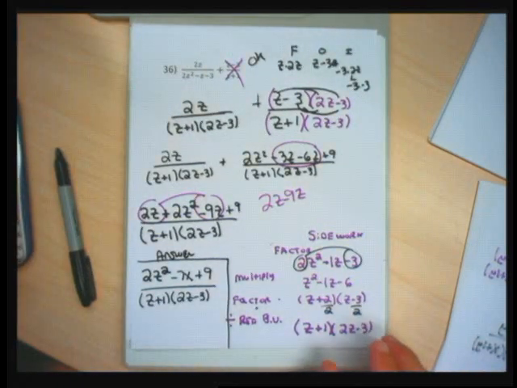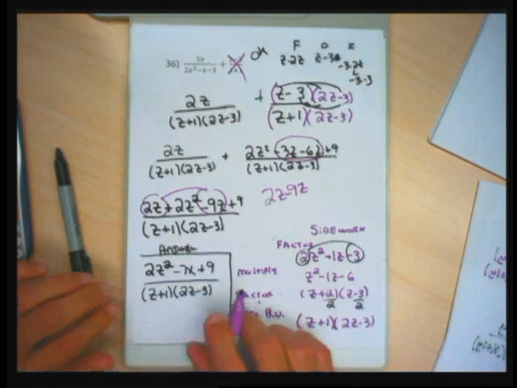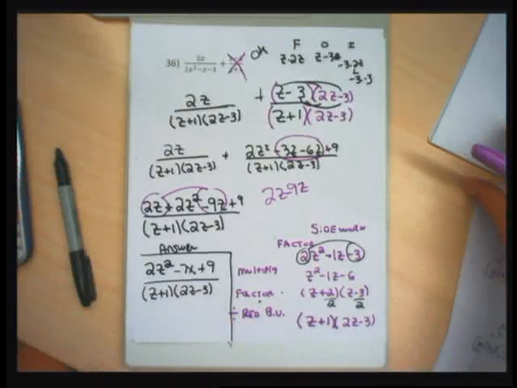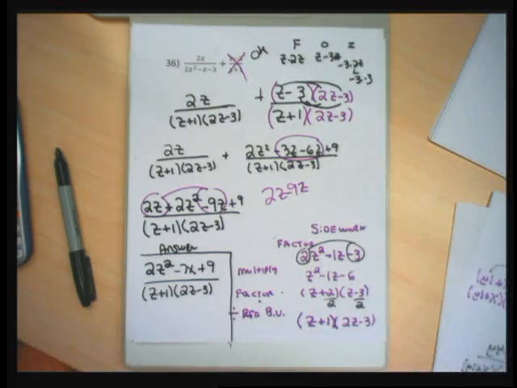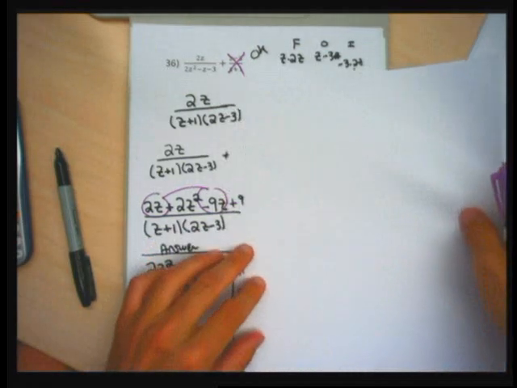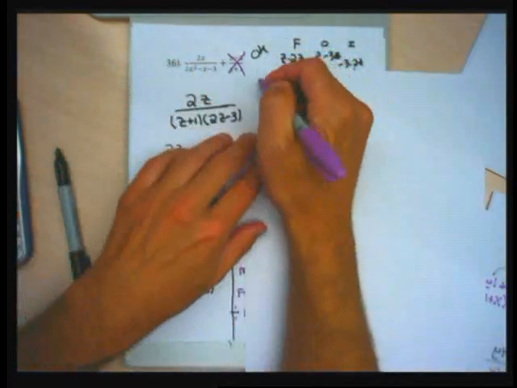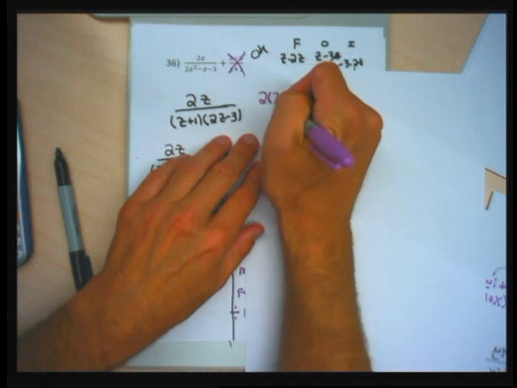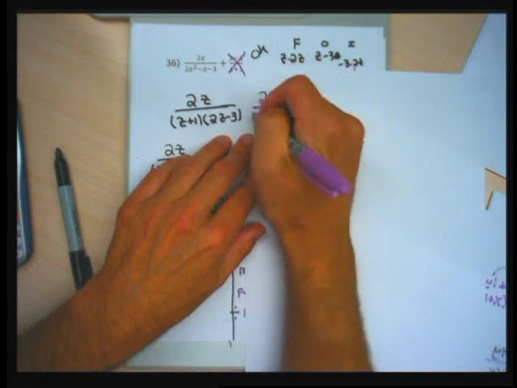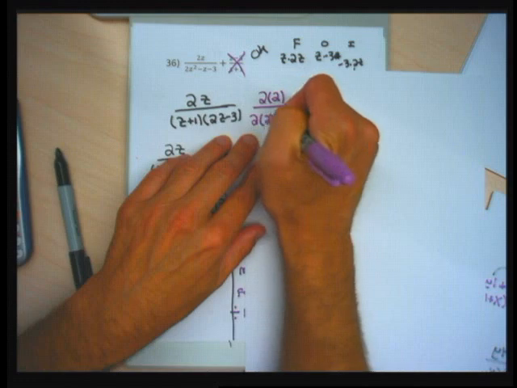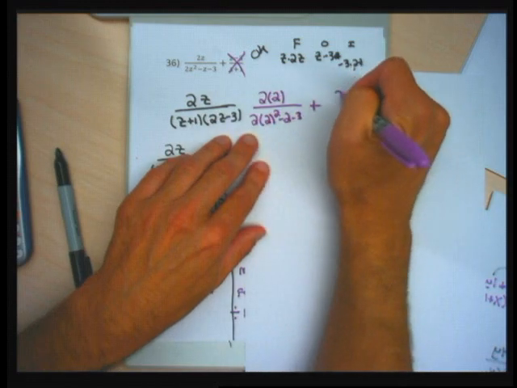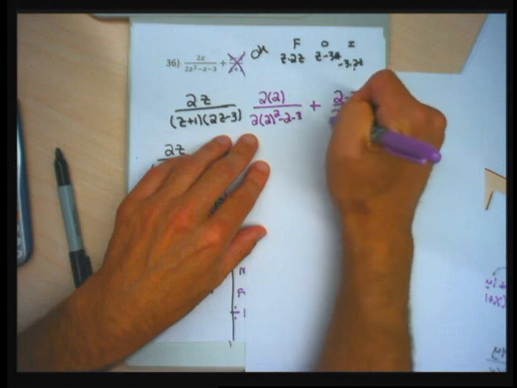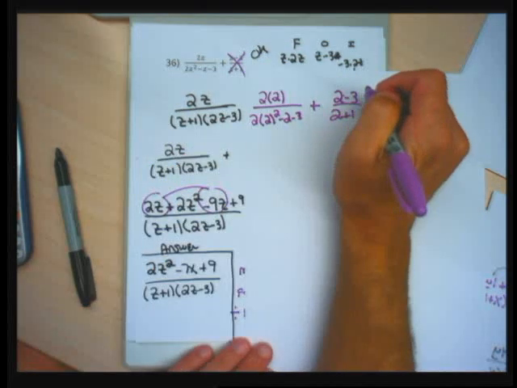I'm just boring out. Let me check this anyways. I'm going to plug in 2 for z in my answer and my original problem. I'll just do it on new fresh paper. So I'm going to check 2. I'm going to go 2 times 2 over 2 times 2 squared minus 2 minus 3 plus 2 minus 3 over 2 plus 1, plugging 2 into the original problem.